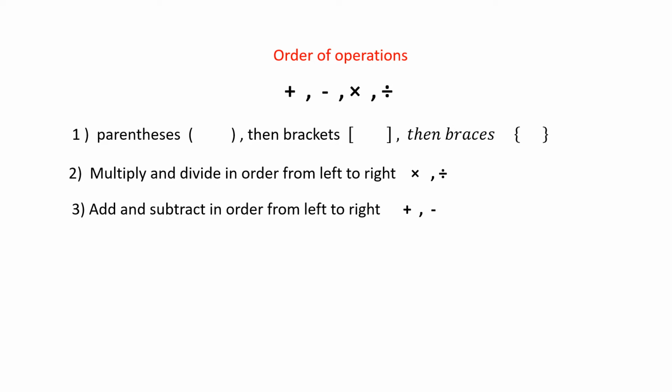Let's take one example to show that, but before taking that example, I want to give you an abbreviation word for all of those rules, which is called BODMAS. So BODMAS means we do what is inside the brackets first, then multiply and divide in order from left to right, then add and subtract from left to right. B refers to brackets first.